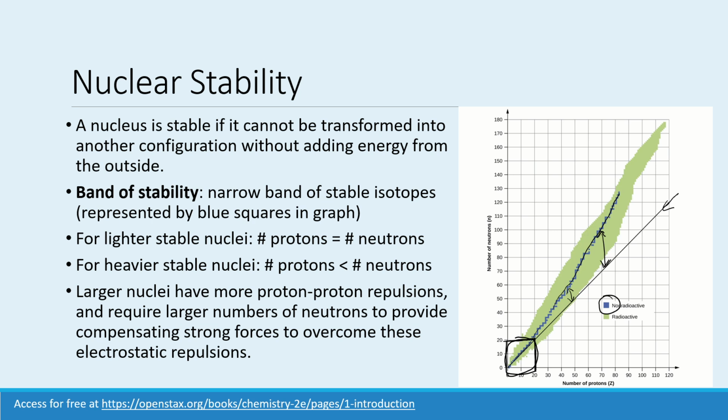So larger nuclei are going to have more proton-proton repulsions, and that requires a larger number of neutrons to provide that strong force to compensate and overcome those electrostatic forces. So that's why that's happening. But what's important is just remembering, right? It's about a 1-to-1 ratio for lighter nuclei, and the neutron to proton ratio will get greater as you have heavier nuclei.